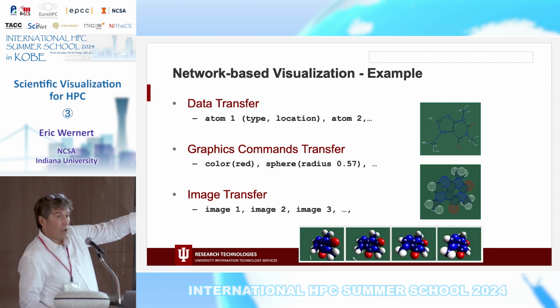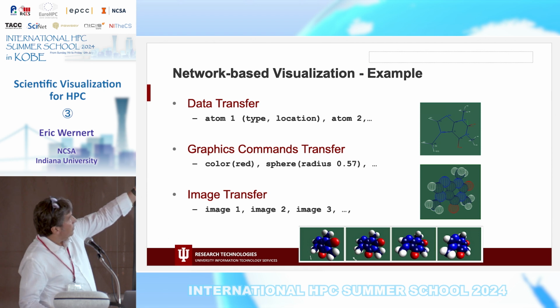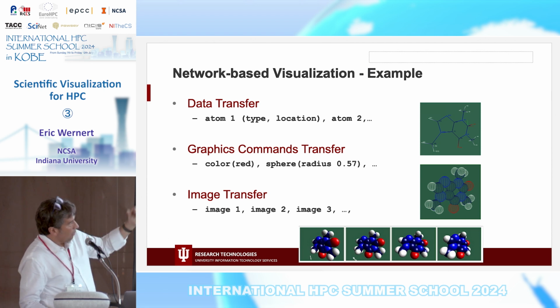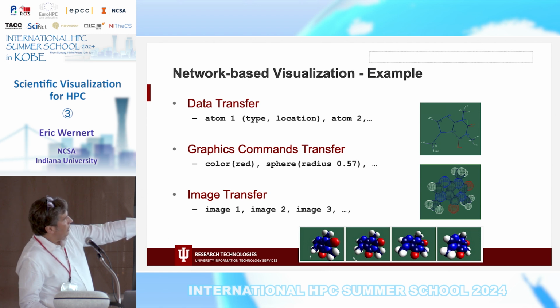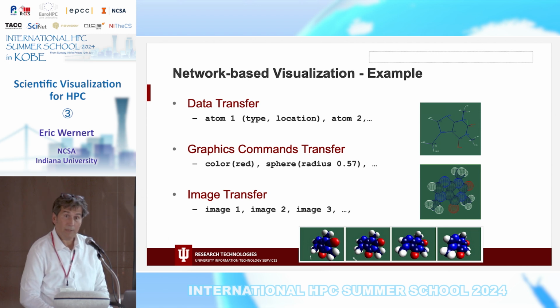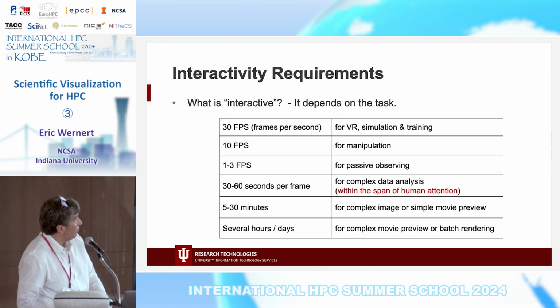If we just want to bring down all the data, we would transfer over the actual raw data. If the data has been converted to some type of representation, we're sending over OpenGL commands. And if we want to do all the rendering on the server, we can just send over a series of images. And ParaView lets you do all of those.